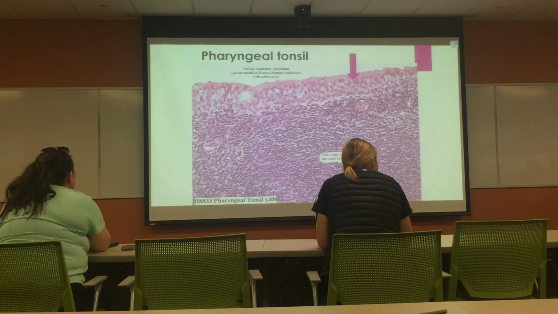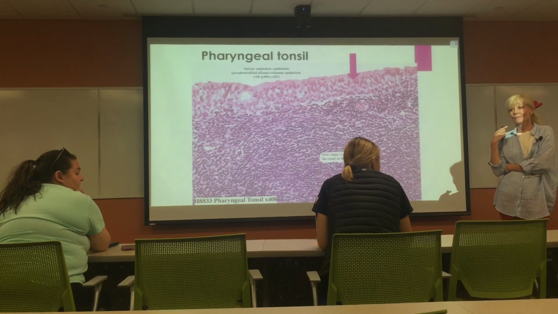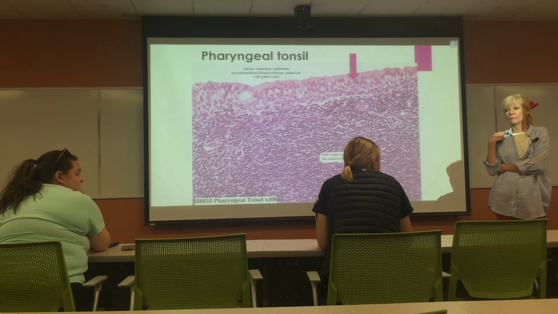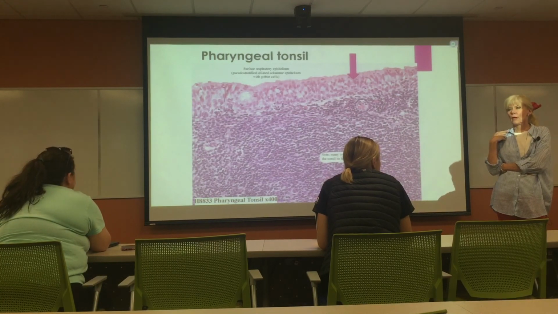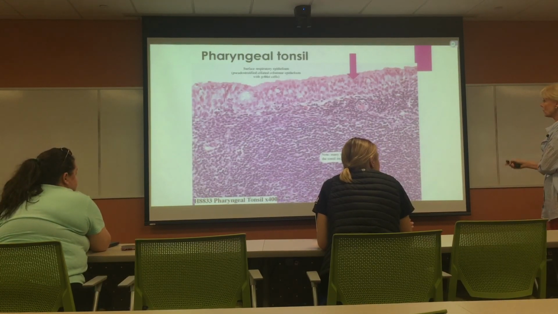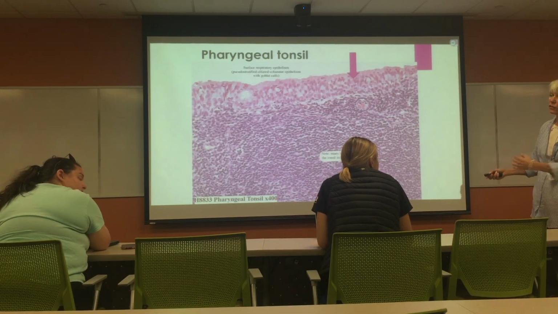Dr. Rogers, say you didn't show neighboring structures to help us figure out that we're looking at the lingual tonsil. Would it appear the same as the pharyngeal tonsil, or is there a distinct difference? Because you can't just show lymphocytes, then the answer would be lymphocytes or germinal centers.